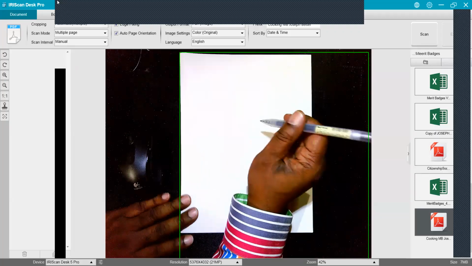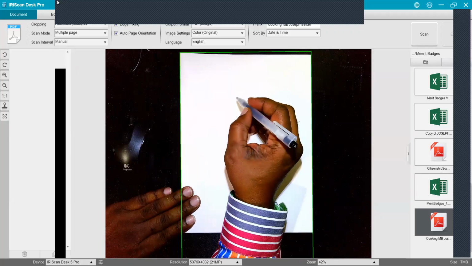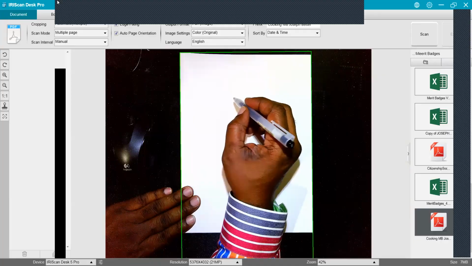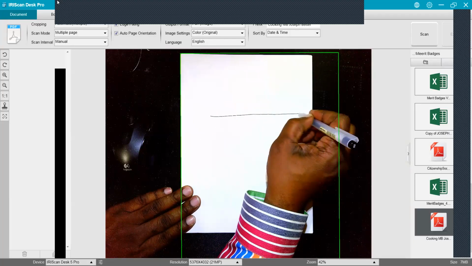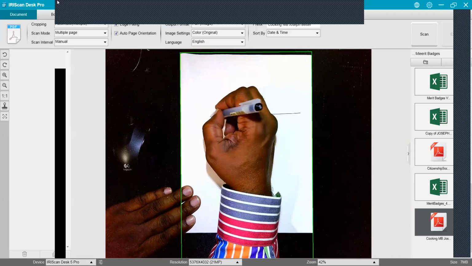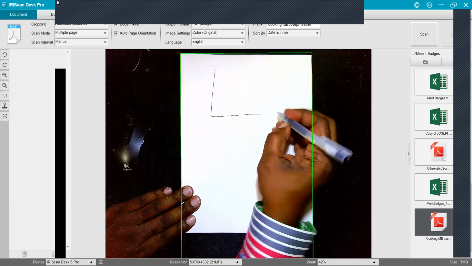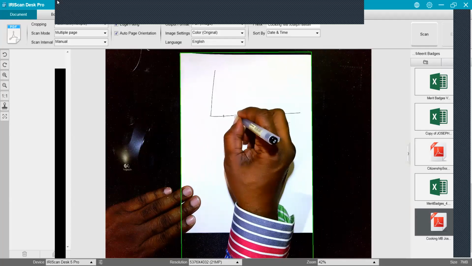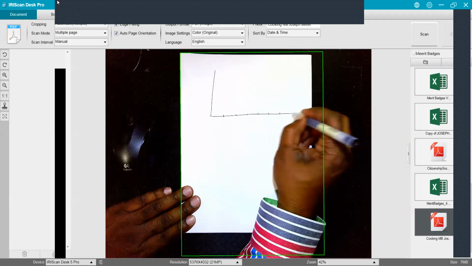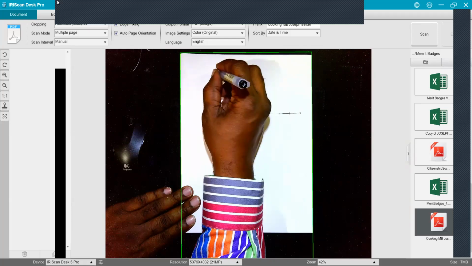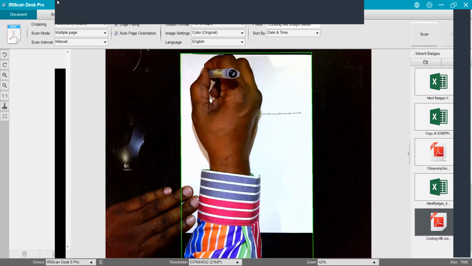So we have our transistor amplifier. Here's our frequency. Here's our gain in dB.